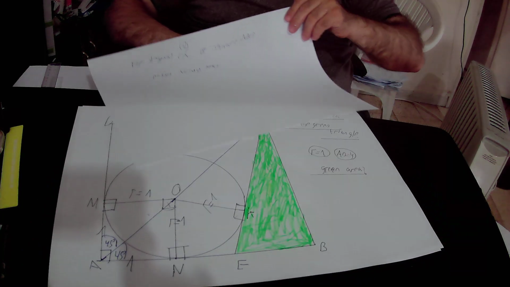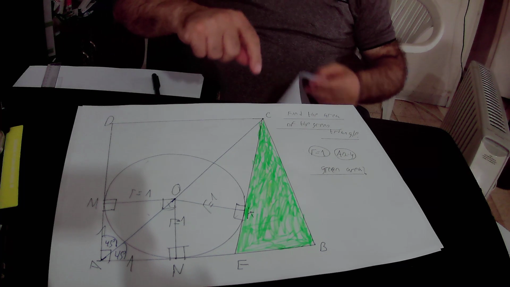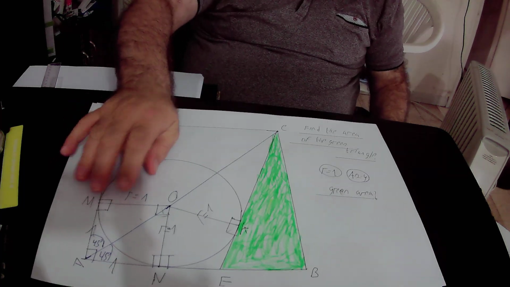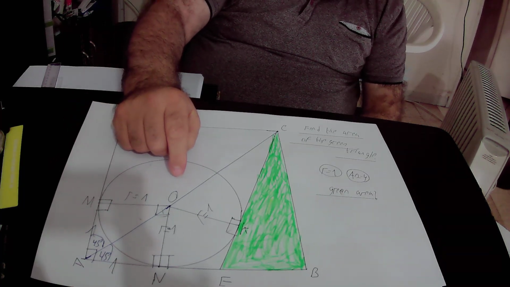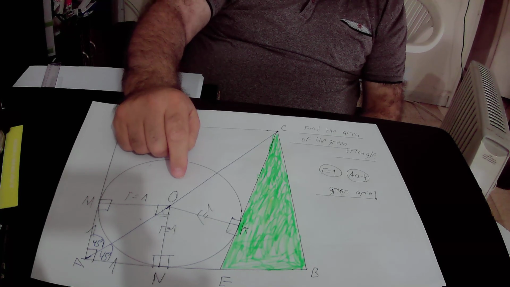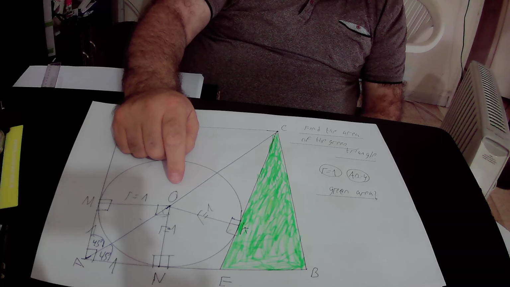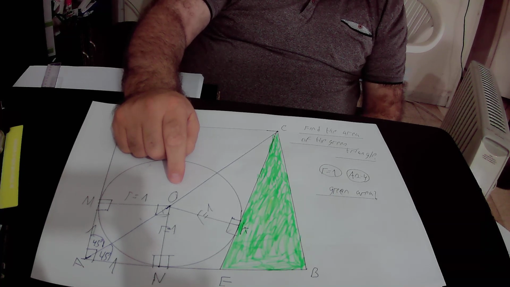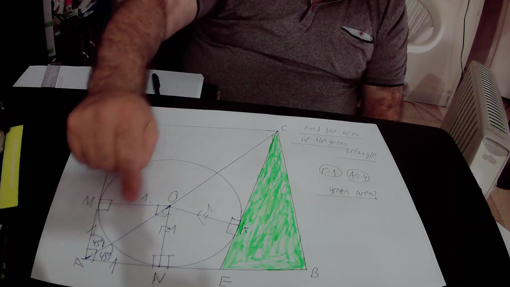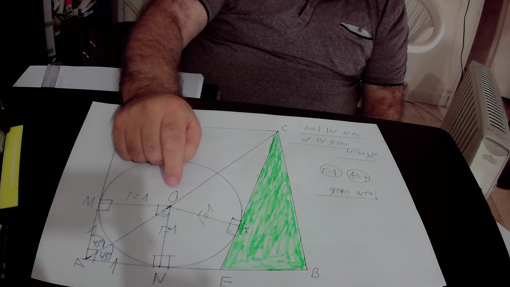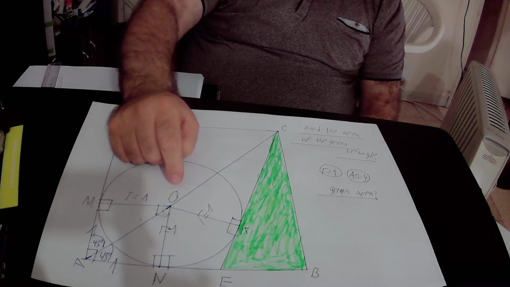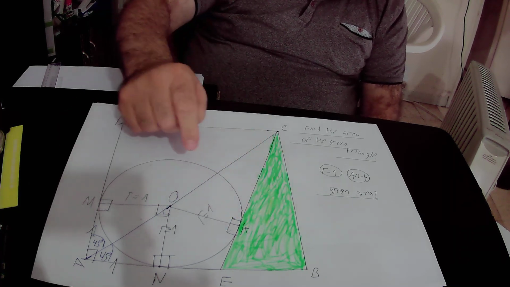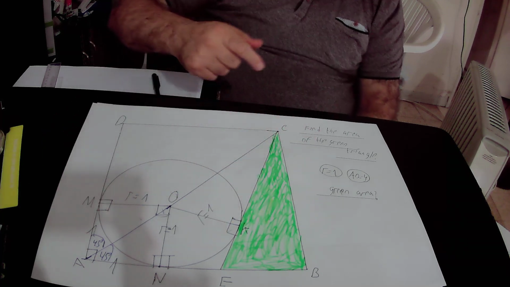Actually, the diagonal CA must pass through point O. Otherwise, if we assume that the diagonal CA doesn't pass through point O, then angle CAB will not be equal to angle OAB.